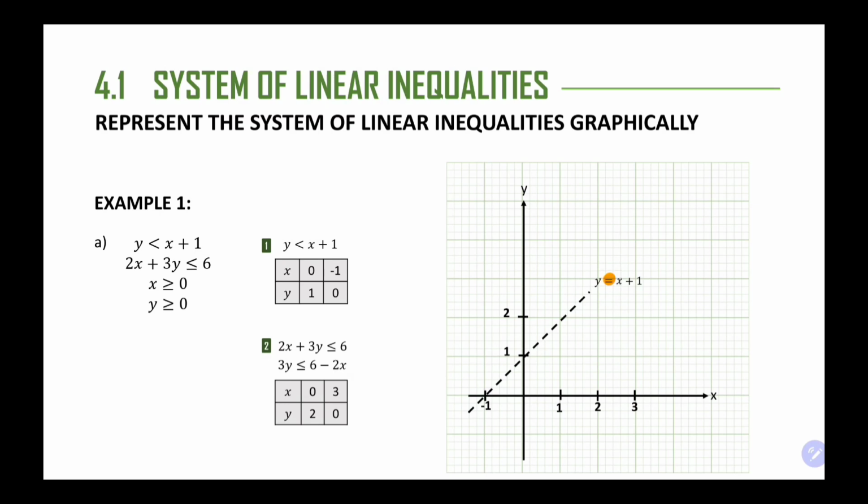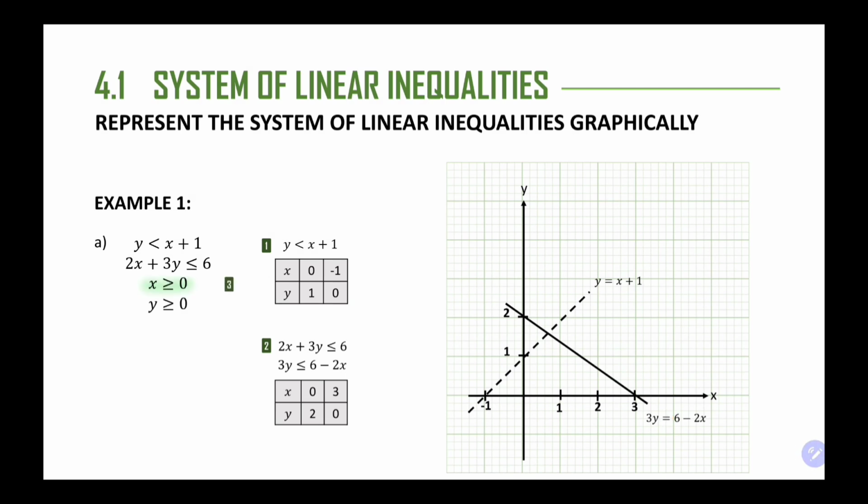Next function, we have intercept x equals to 3 and y equals to 2. So we sketch graph. We use solid line since y less than equal. Since have equal sign, so we use solid line. Then we label the graph 3y equals to 6 minus 2x. On the graph paper, we put y equal sign only.